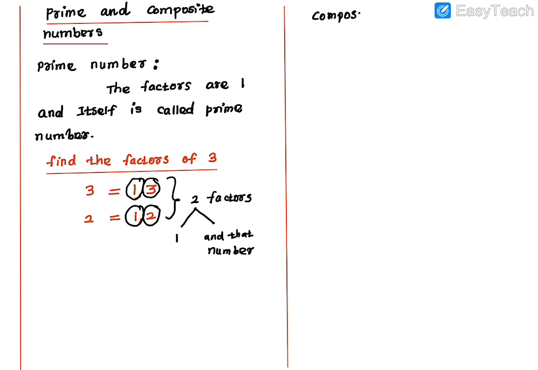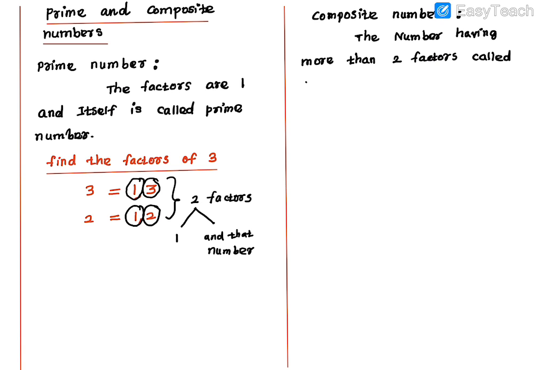Composite numbers means the number having more than two factors is called a composite number.